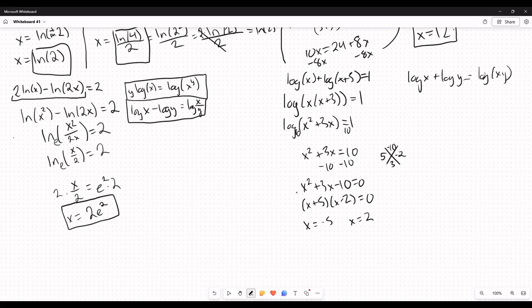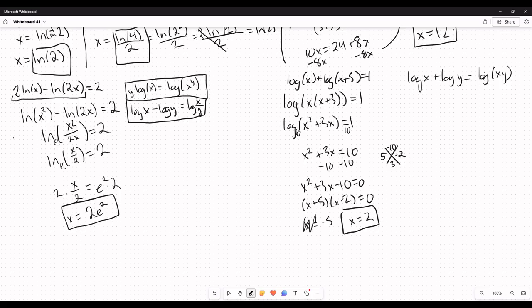But, there's a big but here. x equals 2, that's fine. When I plug that into these, I get log of 2 and log of 5. Great. If I plug in x equals negative 5 to my original equation, I get log of negative 5 and log of negative 2.